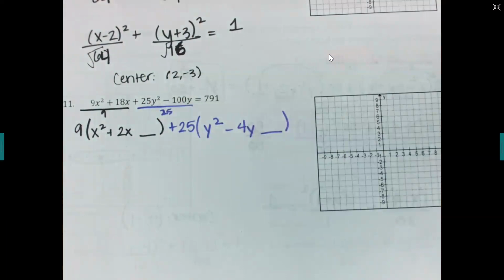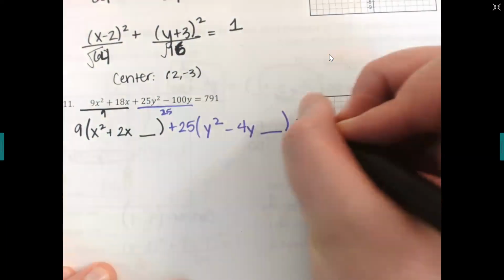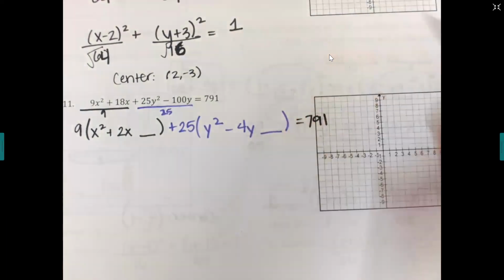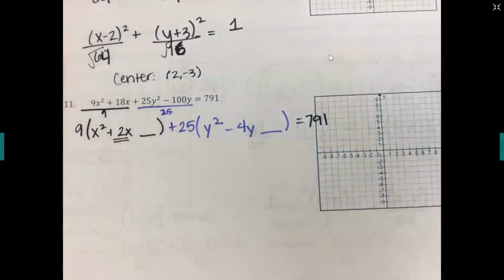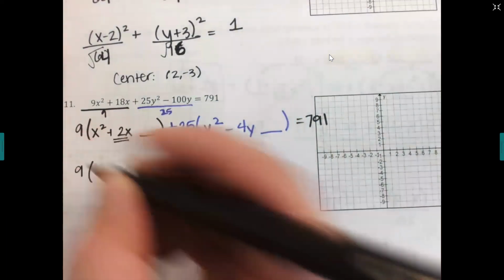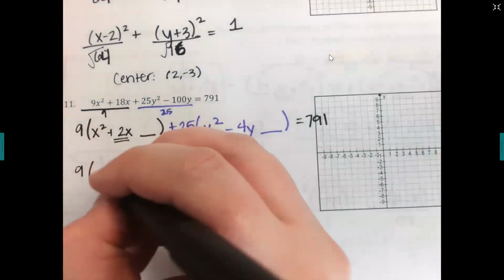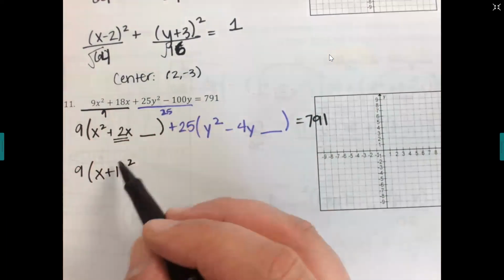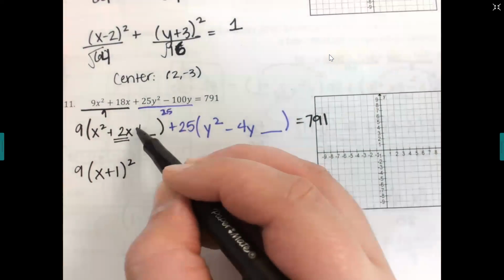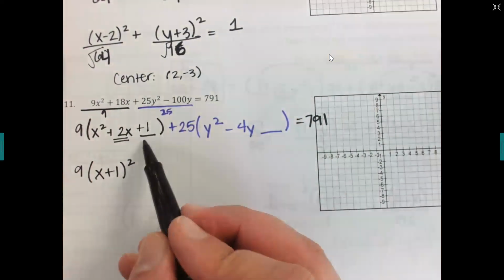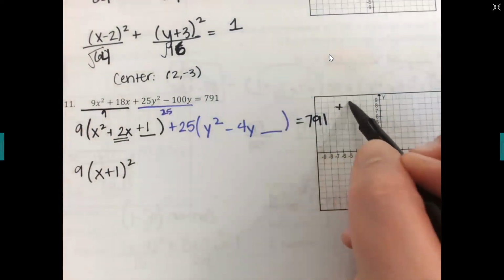Do I have to move my 791 across? It's already over there, so that's fine. Just leave it. Okay, from there, we can only take half. What's half of the 2 in the middle? X plus 1. And then what's 1 squared for me to fill in the blank? 1, and then 1 times what? 9 means I'm adding a 9.